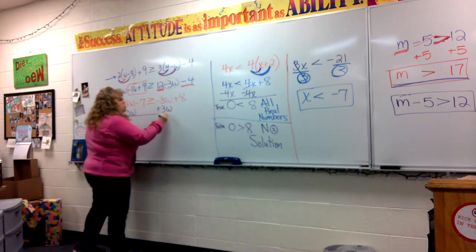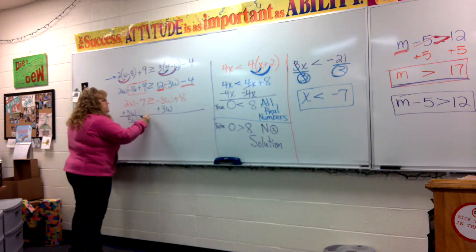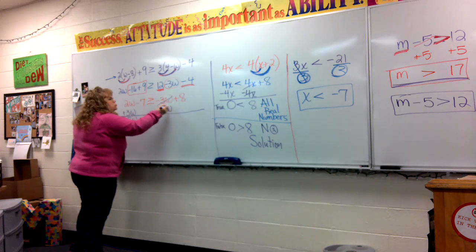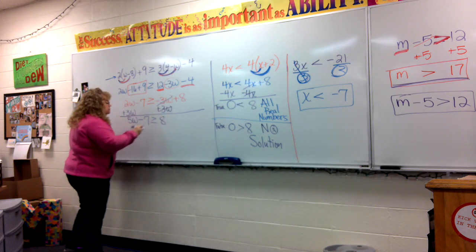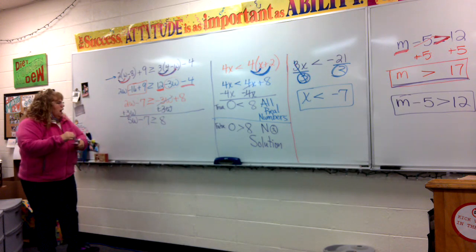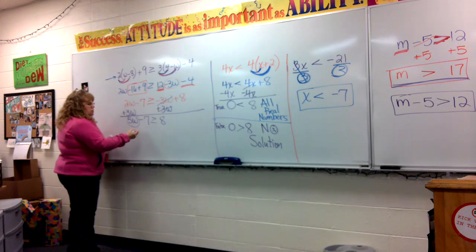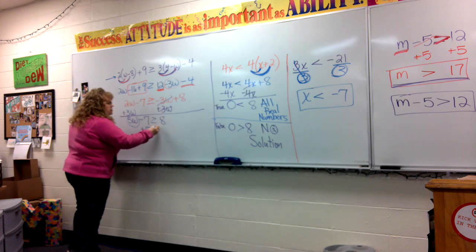Yes. So 2W, 3W, 5W minus 7. This goes away. You just have an 8. Now what? I have all the W's together. Add 7 to get rid of that.